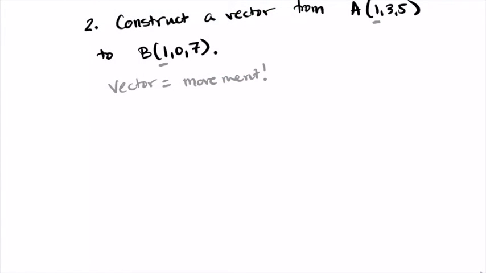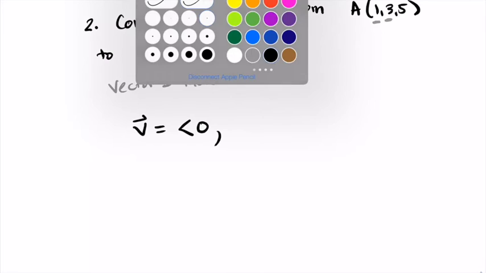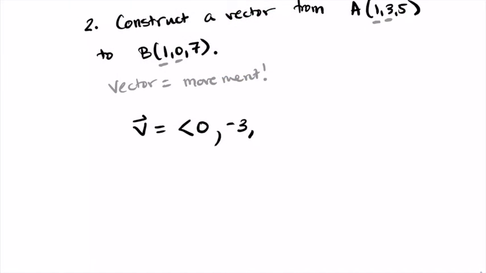So my vector should have a first entry of 0. Now my second entry, I started at 3 and I ended up at 0. So it looks like I moved backwards 3 steps, so my second entry should be -3. My third entry, I started at 5 and I moved to 7. So I moved forward 2 steps, and so I should have a +2.